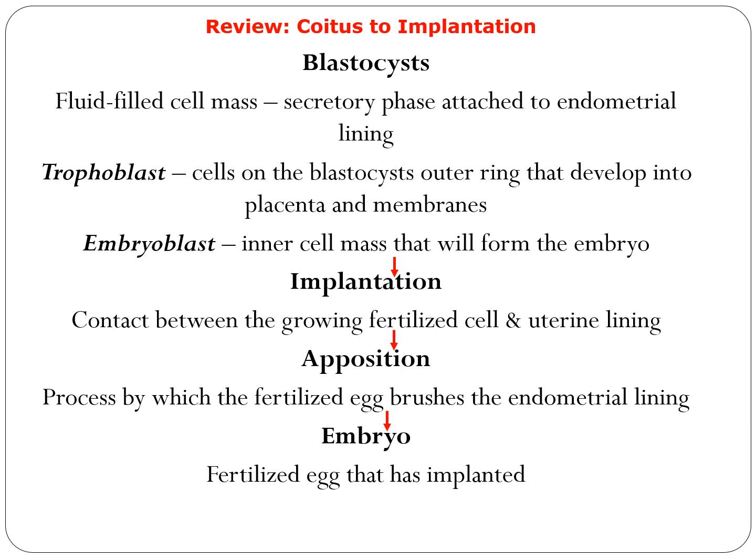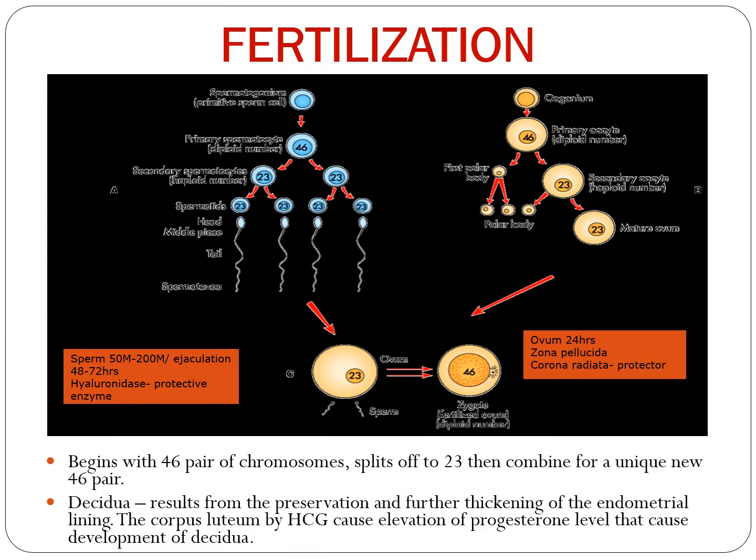Now in this diagram, you would see the fertilization. It begins with the 46 chromosomes splitting to 23, then combining into a unique new set of 46. Now we call the uterus, as I mentioned in the other module, the decidua from the time our fertilized egg is implanted, resulting from the preservation and further thickening.